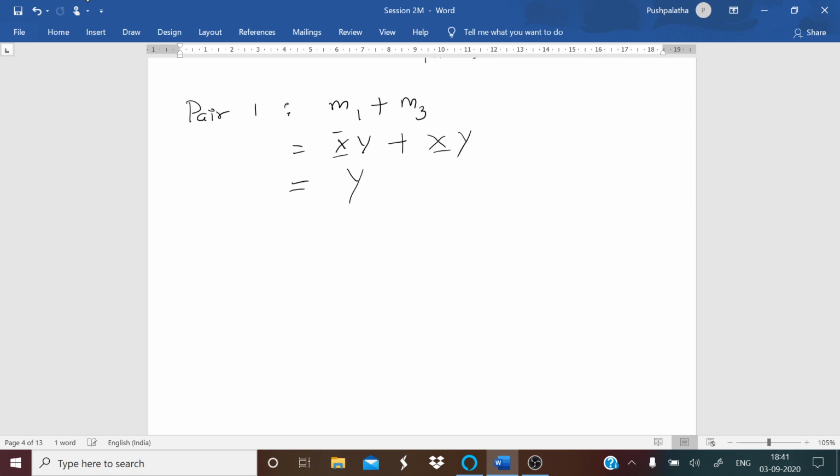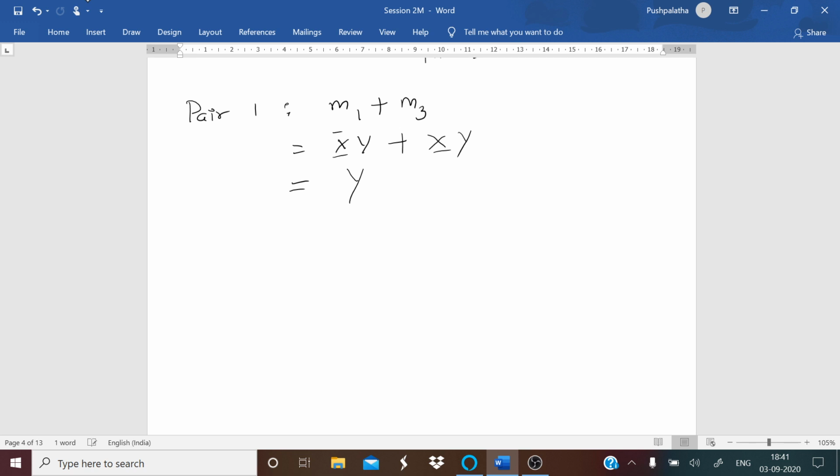Y. And you have to keep in mind that whenever we are solving using K-map, in a pair only one variable will be removed, however it may be a 2 variable or a 3 variable or a 4 variable expression. Only one variable will get removed or deleted.